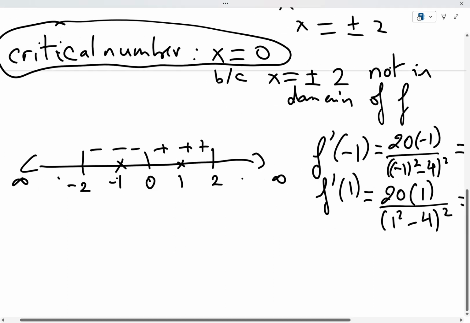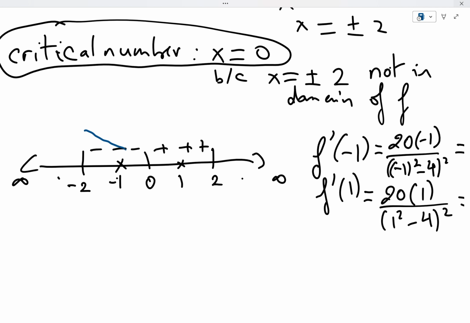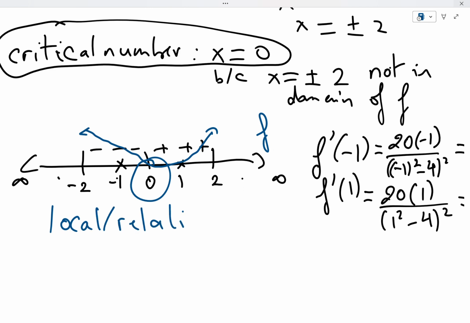And so if I were to draw what's going on here, the function is decreasing and then increasing, right? So this is f. And you can see right there you have a local or relative minimum because it's the bottom of a cusp, of a valley.